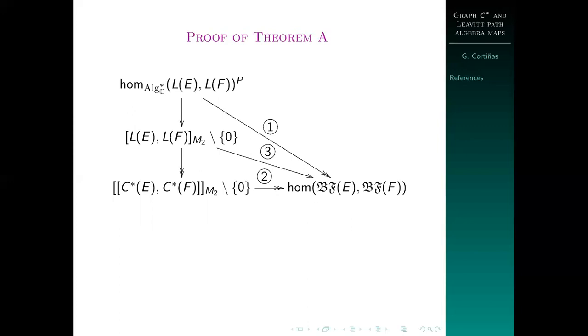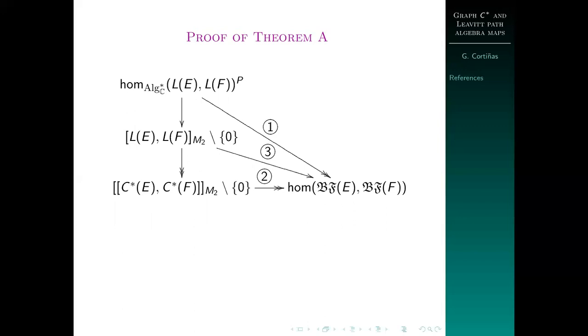Okay, so here is the diagram. On top, we have the star homomorphisms from LE to LF, which have property P. Then I want to show that the composite of the vertical maps is onto.